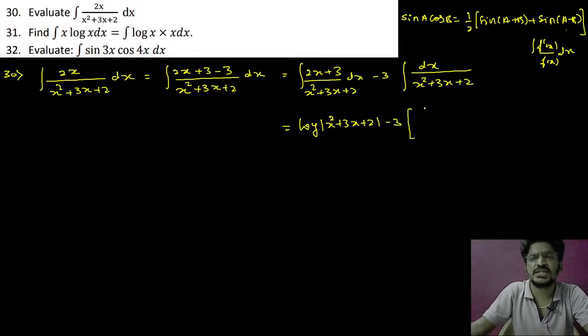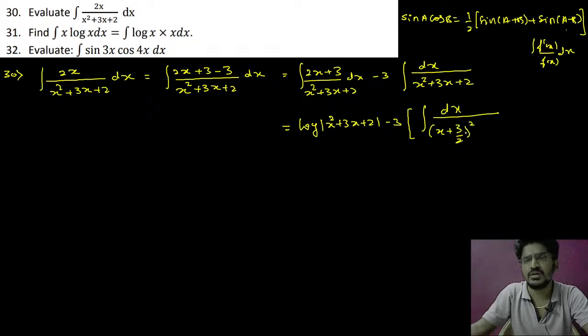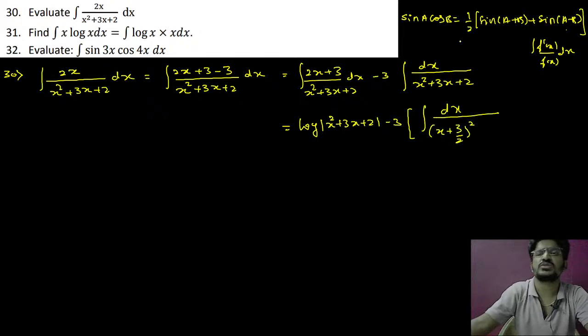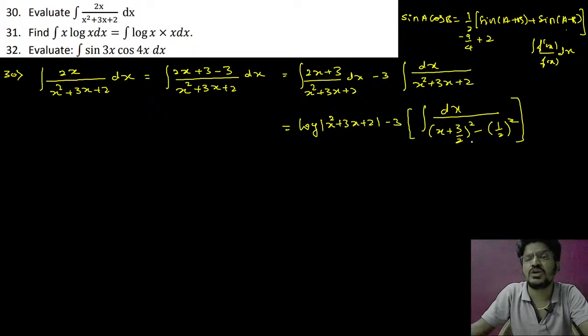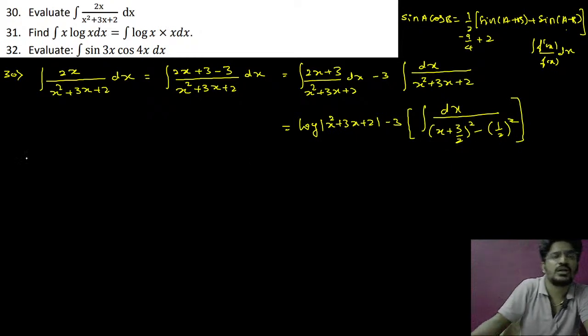Okay. So minus 3 is a constant term. You can write as it is integration of dx divided by x plus 3 by 2 whole square, and minus 3 by 2 square is minus 9 by 4, plus 2. So that will be minus 1 by 4. So I can write it as minus 1 by 2 square. Okay. So that means it converts to the form x square minus a square.